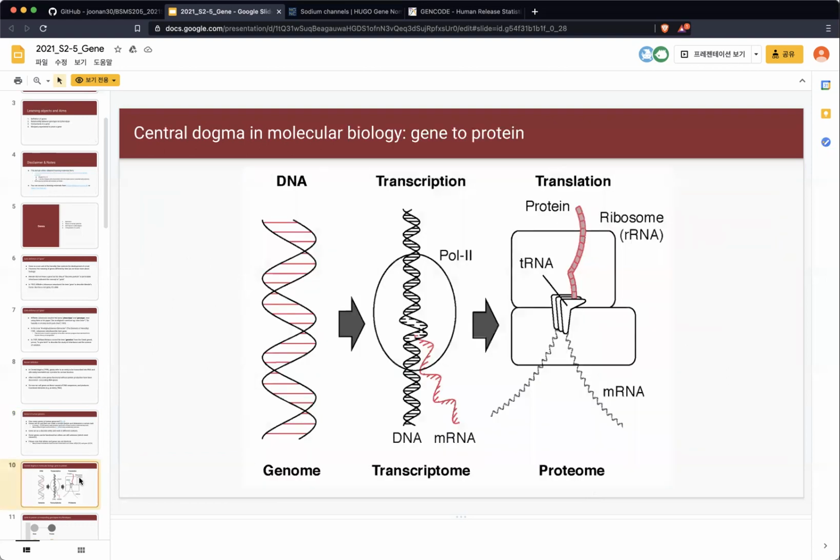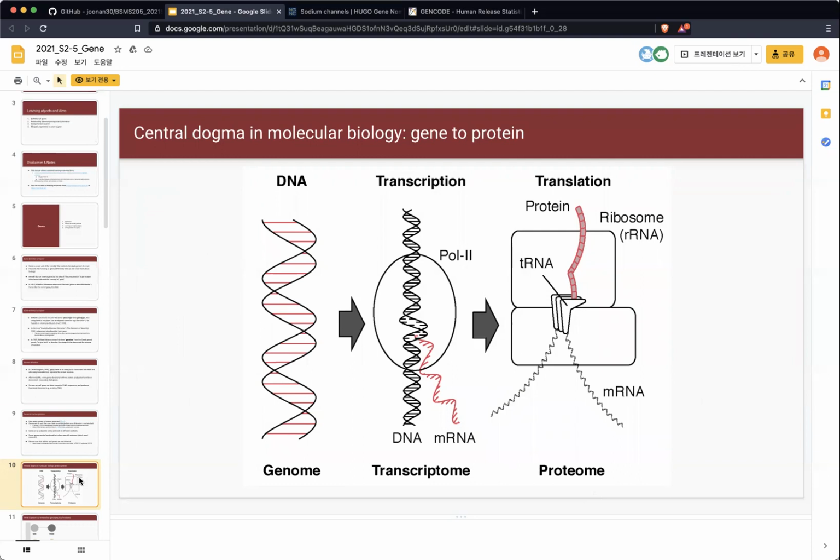Okay, so back to the idea about the central dogma in molecular biology, and I'm pretty sure most of the second year students are working on it in the molecular biology course they're taking, and you're studying this concept over the semester, right?